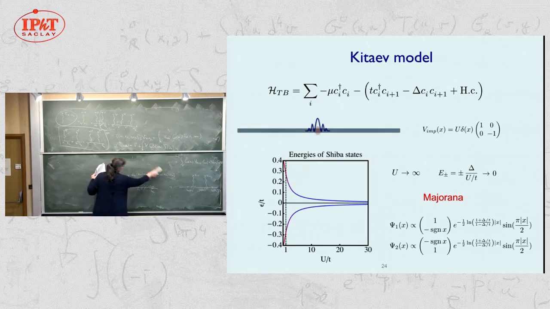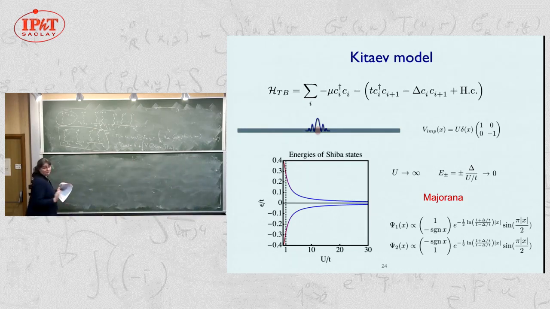But it's very nice because I can solve it. Even for a localized potential, already I'm in business because it's not a very straightforward problem, and I can solve it exactly, and I get T.